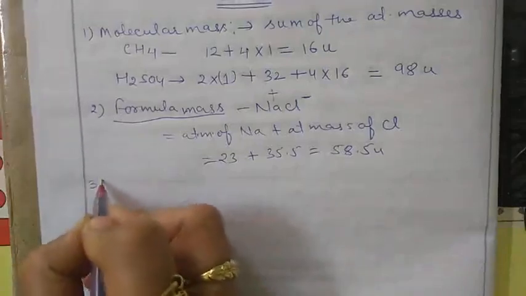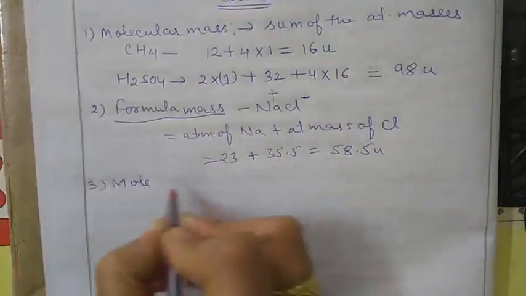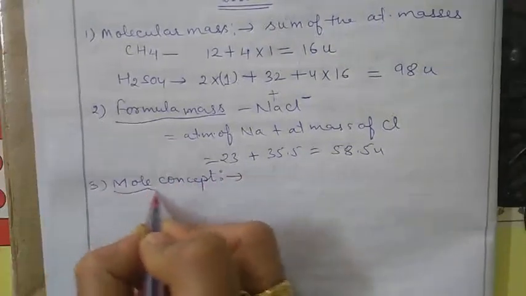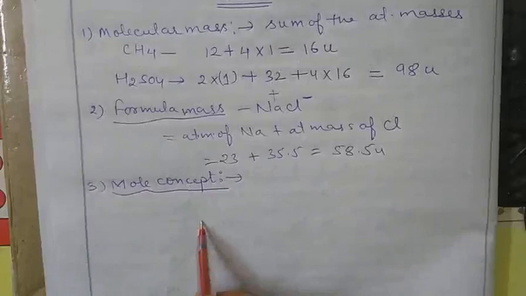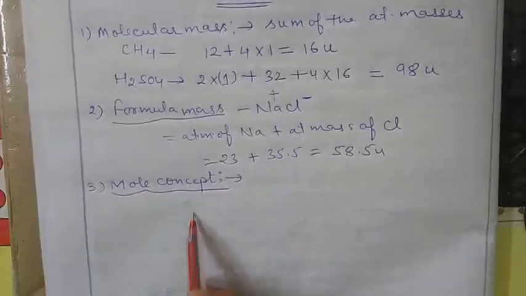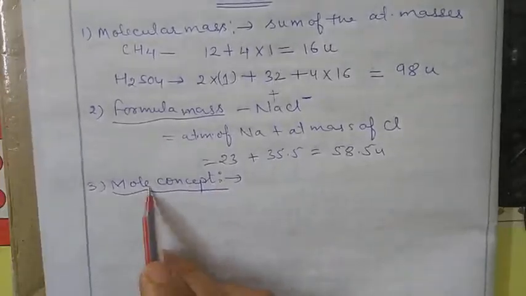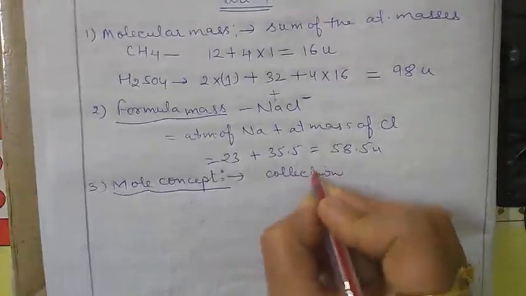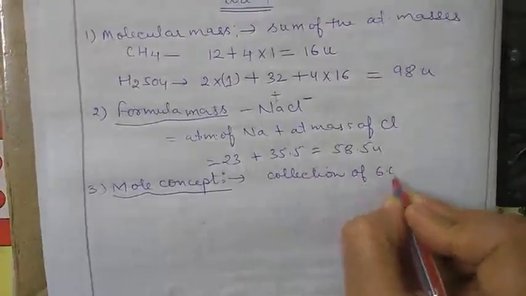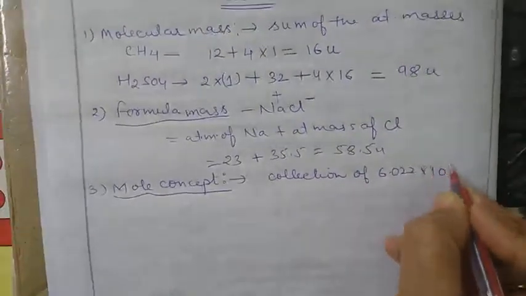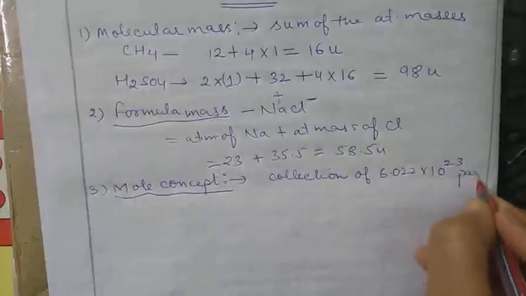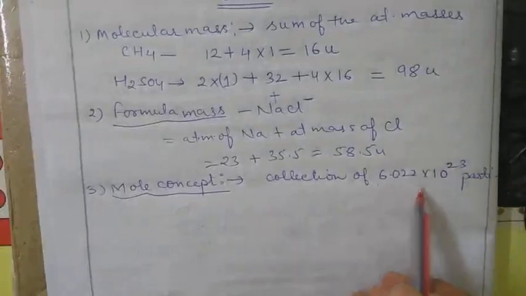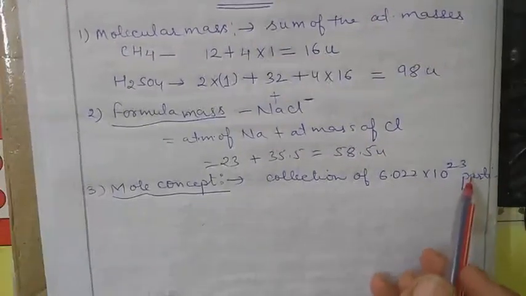Now the next topic is the mole concept. Okay, mole concept. So a mole is a collection of 6.022 multiplied by 10 to the power 23 particles. A mole is a collection of 6.022 multiplied by 10 to the power 23 particles.